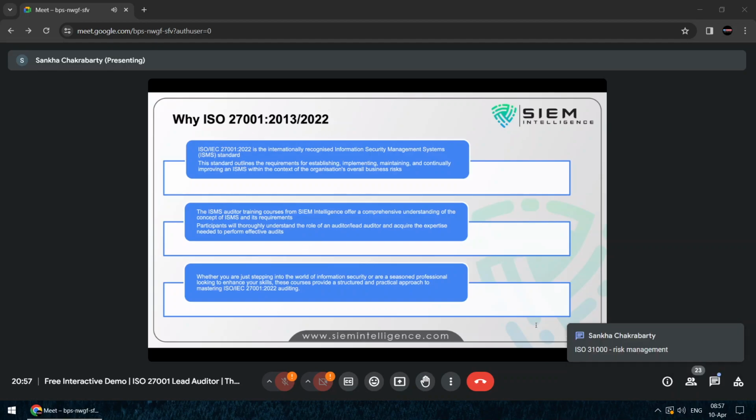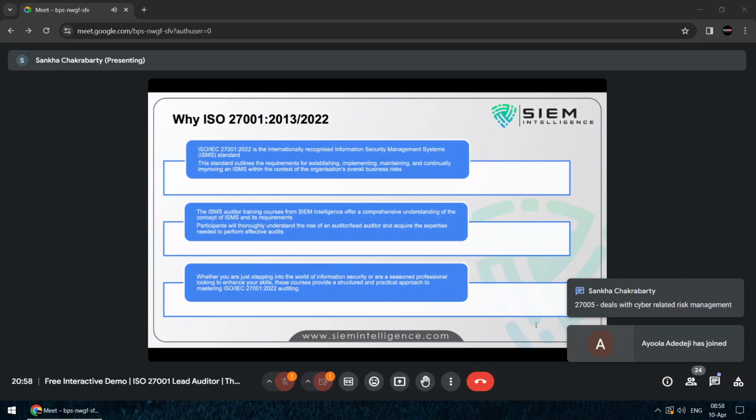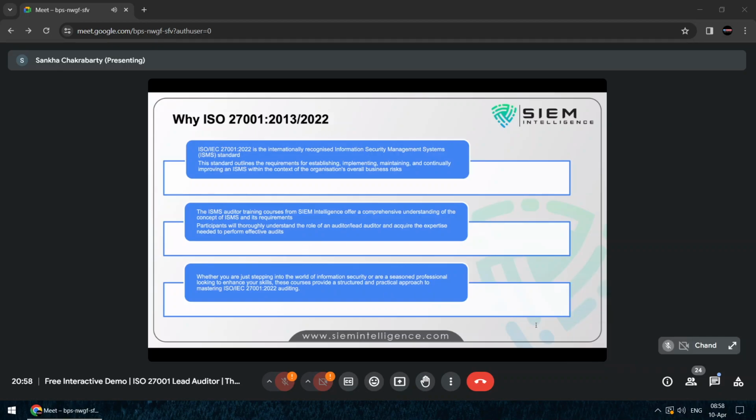Here we have ISO 27005, which is also written as risk management. Now, what is the difference? 27005 deals with cyber related risk management. 31000 deals with business and corporate related risk management, which is totally different.